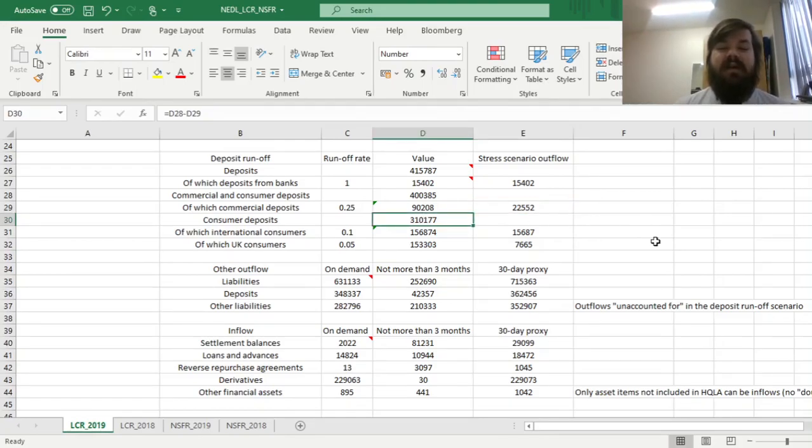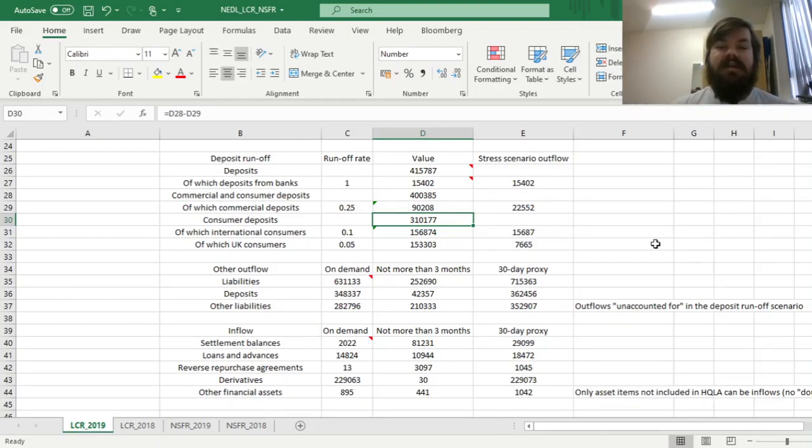Then we are left with more than 300 billion pounds of consumer deposits. That's quite realistic. There are mostly customer deposits that banks are dealing with, and those we have to break down by their currency and by their region of domicile, because it is assumed by Barclays that domestic clients' deposits would be more stable than international clients' deposits.